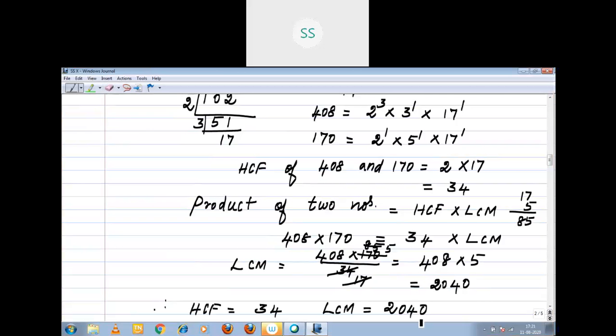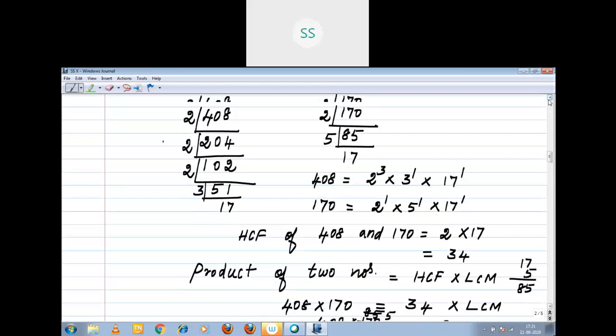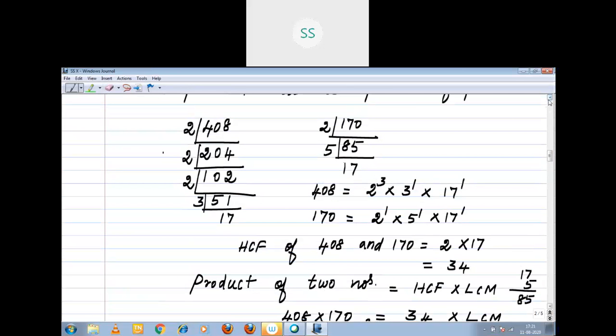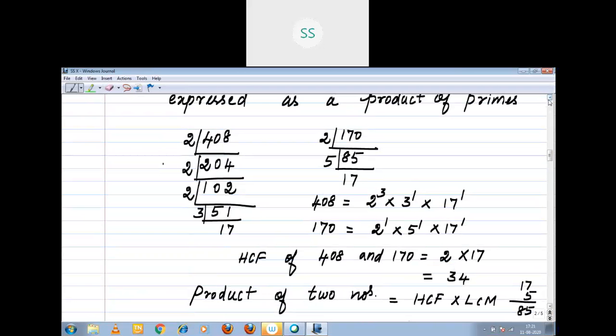How are you applying the fundamental theorem of arithmetic? The fundamental theorem of arithmetic is nothing but that every composite number can be expressed as a product of primes. That we did, right? 408 is a composite number that we expressed as a product of primes: 2 power 3 into 3 power 1 into 17 power 1. 170 can be written as 2 to the power 1 into 5 to the power 1 into 17 power 1.